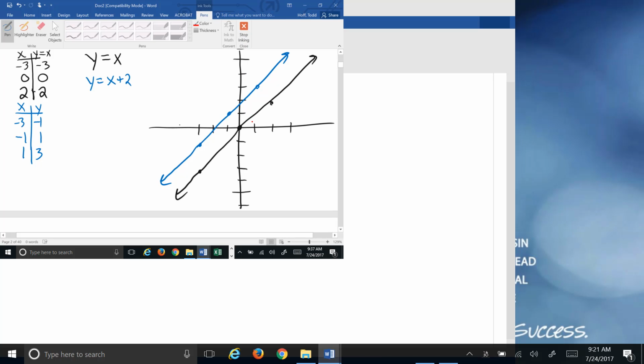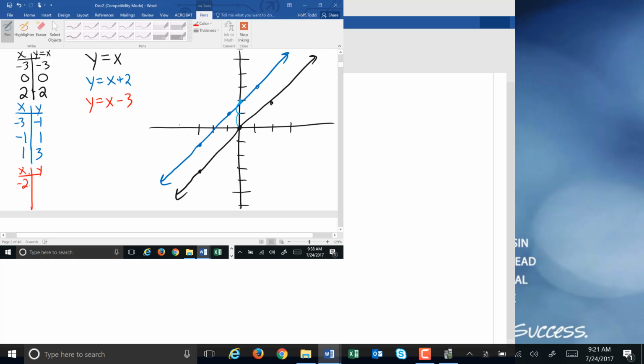Notice it is parallel to that original equation. It just did what? Yeah, it just simply moved up 2 spots. But if I'd drawn it right, it would actually have gone right through there. So what do you think would happen if I did y equals x minus 3? Down 3 spots? Okay. Well, if x is -2, what's y going to be there?